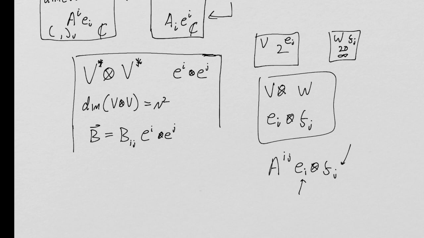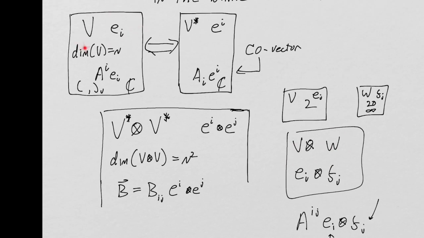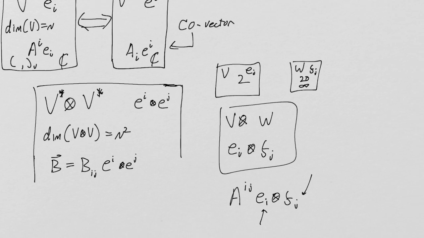Or j could be a countably infinite number of possible things. In quantum mechanics, the vector spaces we assemble are always like this. In general relativity, when we build up the theory, you're really dealing with just V, which is the same dimensionality as space-time, which is 4 dimensions. So you don't see this very much in general relativity. But you do see this all the time in quantum mechanics.